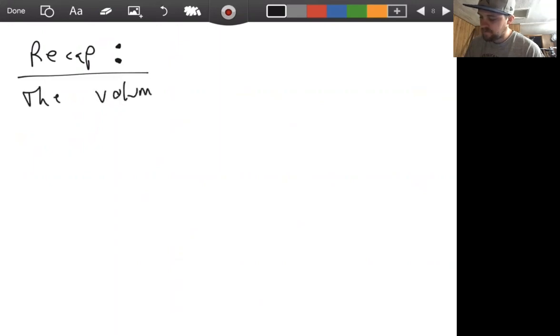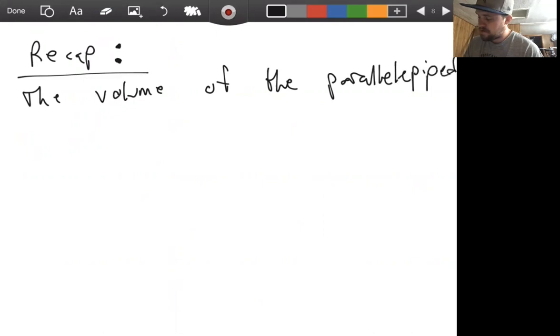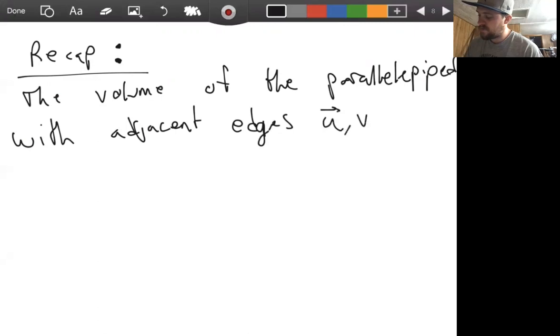Volume of the parallelepiped with adjacent edges U, V, and W, whoops, is given by the triple scalar product.